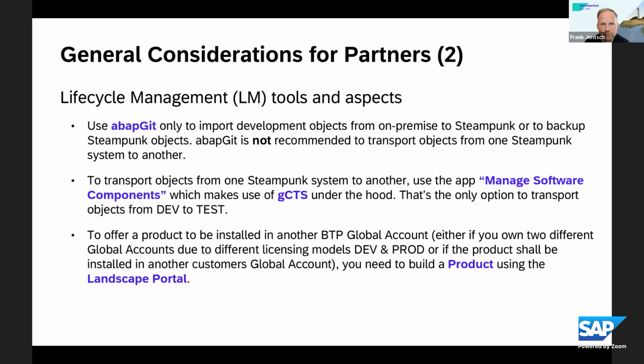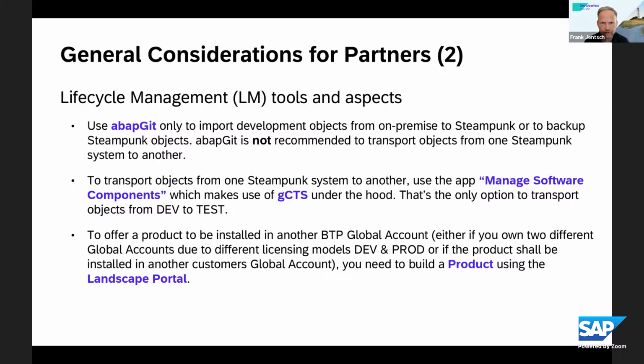It's the only option to import development objects from on-premise to Steampunk. Maybe backup is not the right term, so it's not the backup approach of Steampunk, of course. But if you want to move objects out of Steampunk, then you can also export the objects via ABAP Git. ABAP Git is definitely not recommended to transport objects between Steampunk systems.